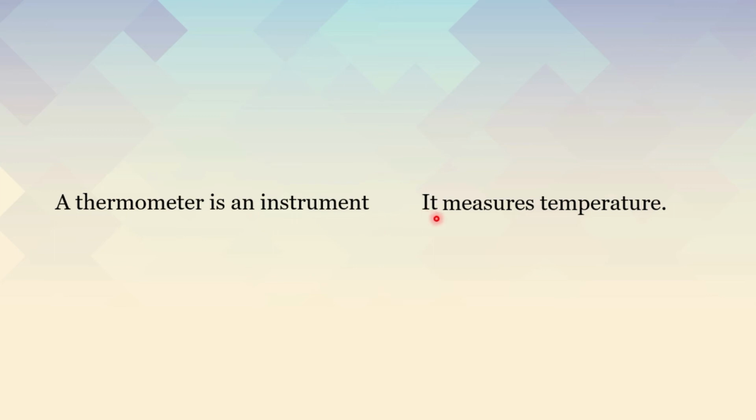And the pronoun here is it. We remove it and replace it with the correct relative pronoun, which. Great. So we have a thermometer is an instrument which measures temperature. Now we are ready to do our task.